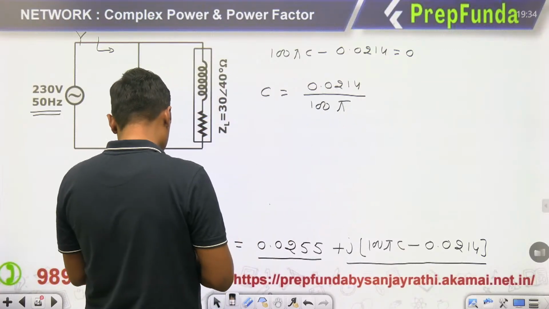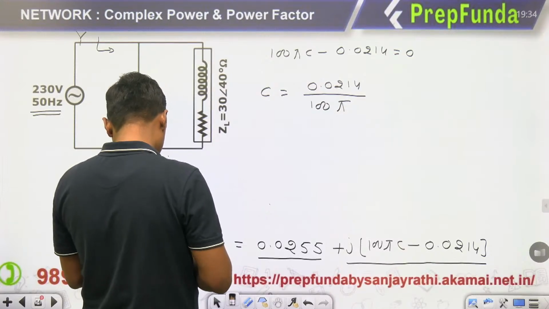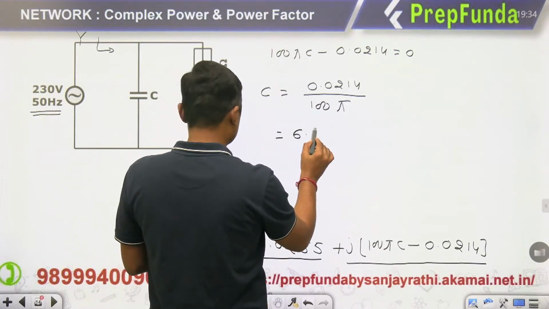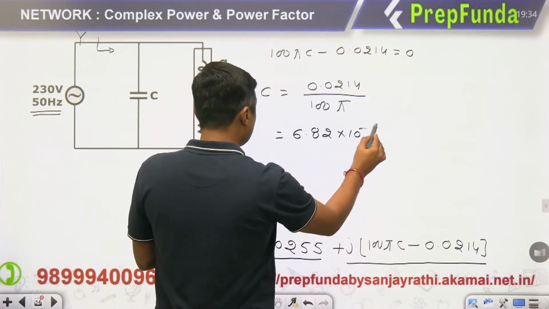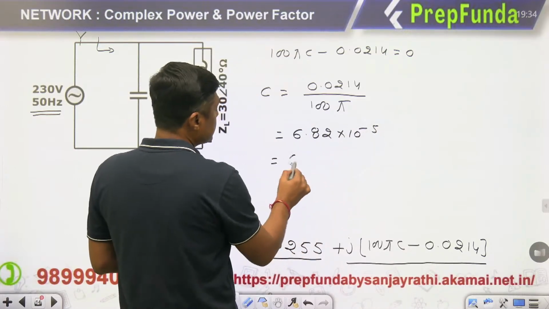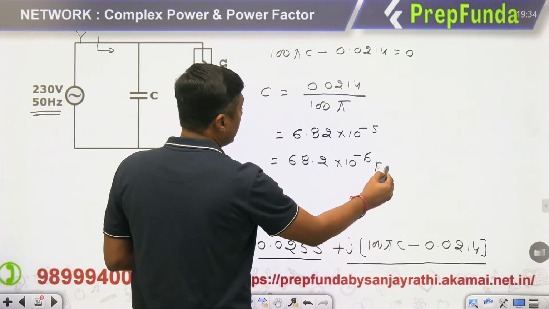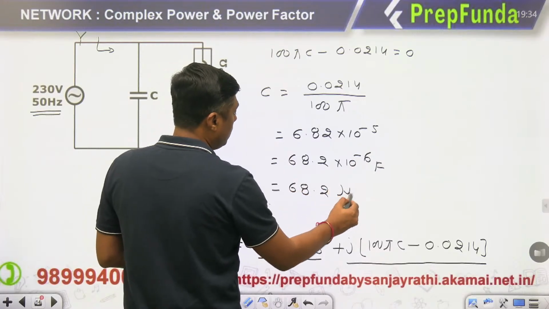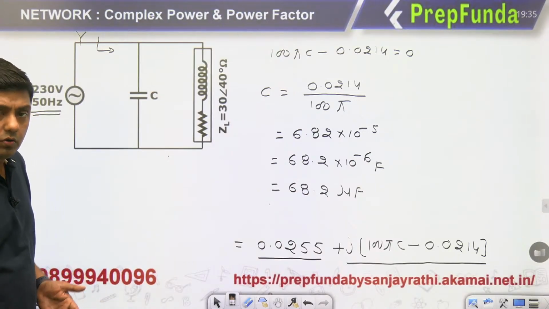That gives 6.82 times 10 raised to the power minus 5, or you can write 68.2 times 10 raised to the power minus 6 farad, which is 68.2 micro, and that is the answer: 68.2 microfarad.